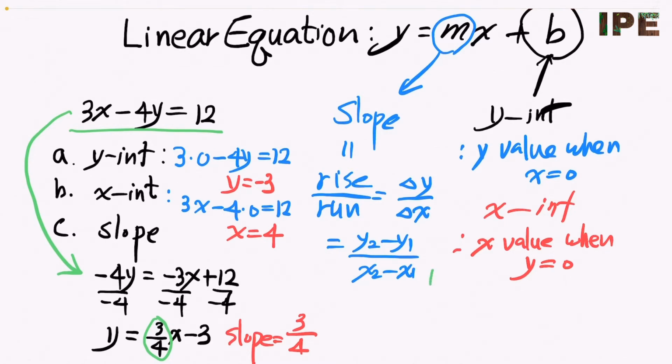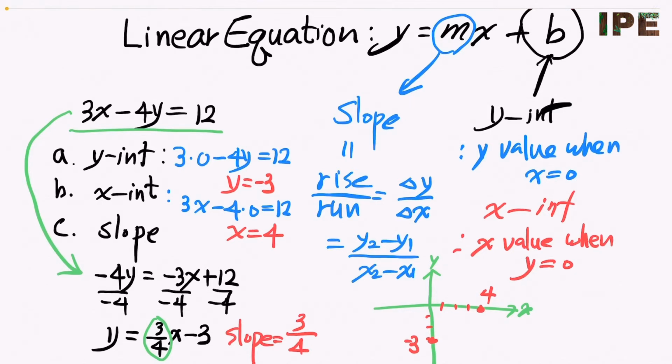So maybe this is better. X-axis, y-axis. Where is the y-intercept? Negative 3. 1, 2, 3. This point is the y-intercept. Where is the x-intercept? 4. 1, 2, 3, 4. This is the x-intercept.